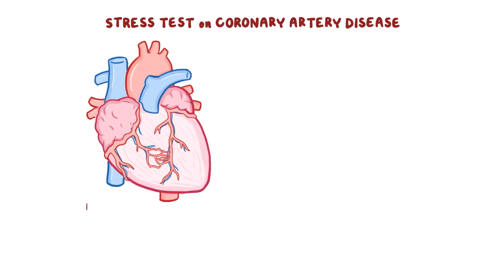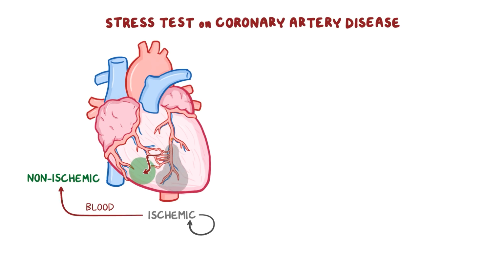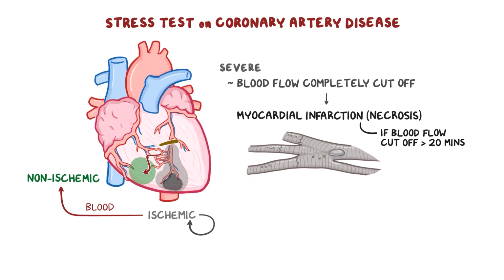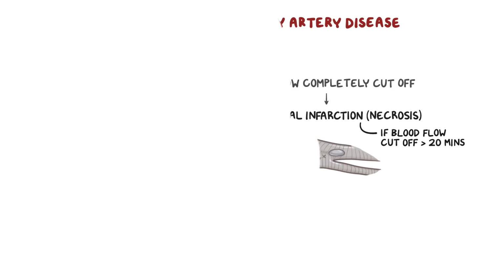The end result is that blood is diverted, or stolen, away from the ischemic myocardium to non-ischemic areas, which further worsens the ischemia. In severe cases, blood flow can be completely cut off, which results in myocardial infarction, or the necrosis of a portion of myocardium. This typically happens if blood flow has been cut off for more than 20 minutes.